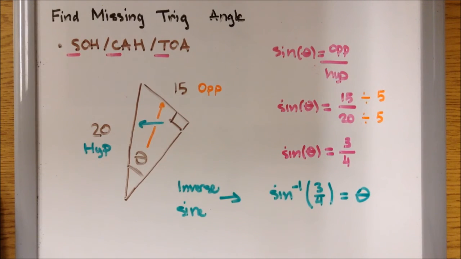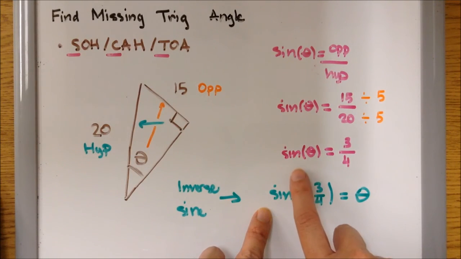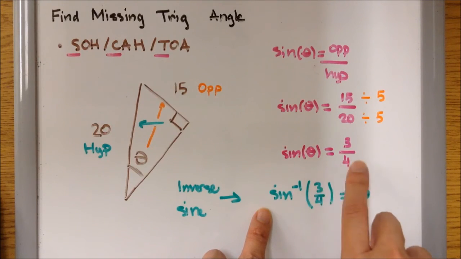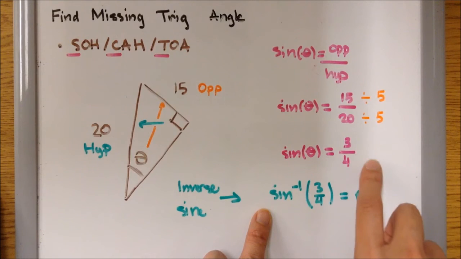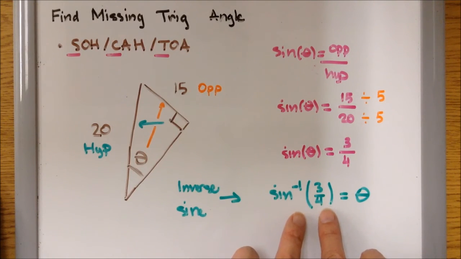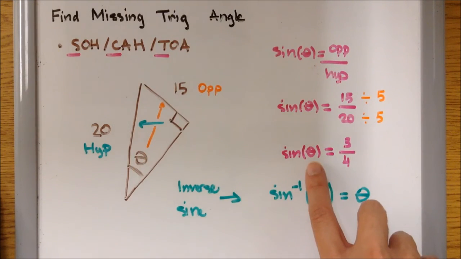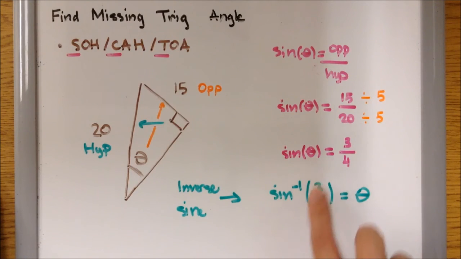So again, just like the same process from the last example, for the inverse of sine, I wrote sine of -1, whatever it originally equaled to, so since it equaled 3 over 4, I'll put that inside the parenthesis, and then all I did was move angle theta to the other side of the equal sign. So since angle theta is by itself, this is what the answer is.